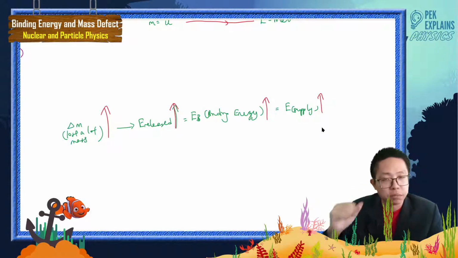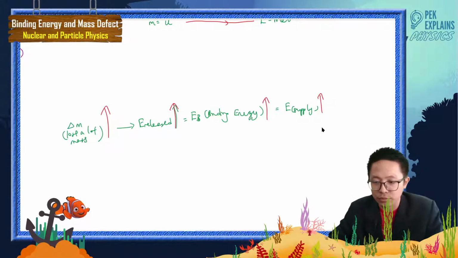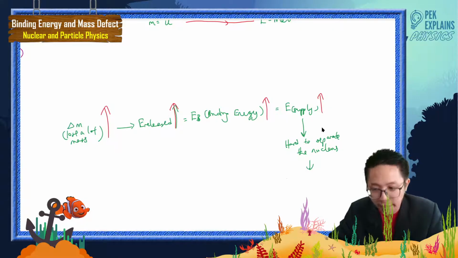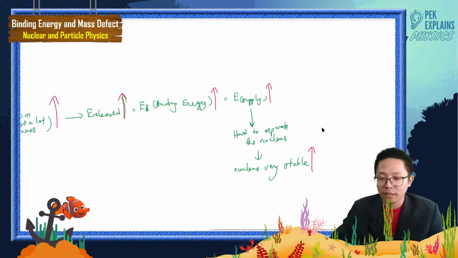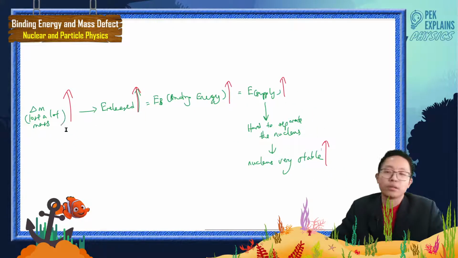If you need to supply a lot of energy, it means it is hard to separate the nucleus back into proton and neutron. Hard to separate the nucleus means the nucleus is very stable. The stability is very high.